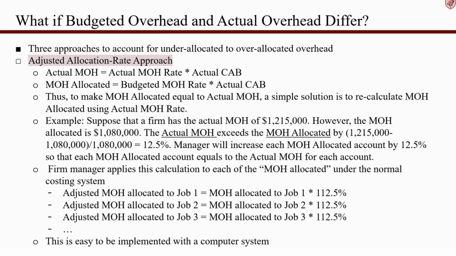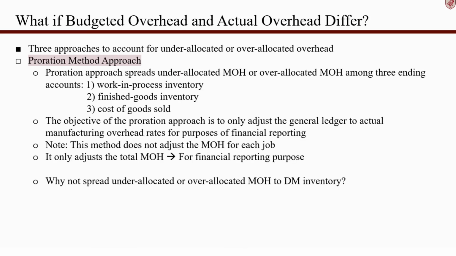As you can see below, right here. If you are in a big company where you have a sophisticated computer system, this can be easily applied, right? But in many cases, you may think it is costly to allocate based on each different specific job.